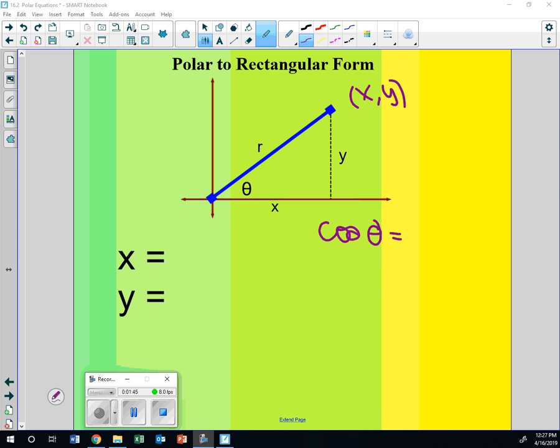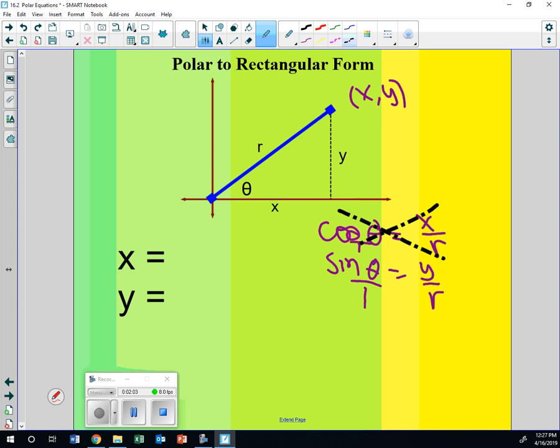All right, so cosine of theta is x over r, and sine of theta is opposite over hypotenuse, y over r. Well, if you do a little cross multiplying here, you'll see that x times 1 is x, and r times cosine theta is what that's equal to. What will y be equal to then? R times sine theta.